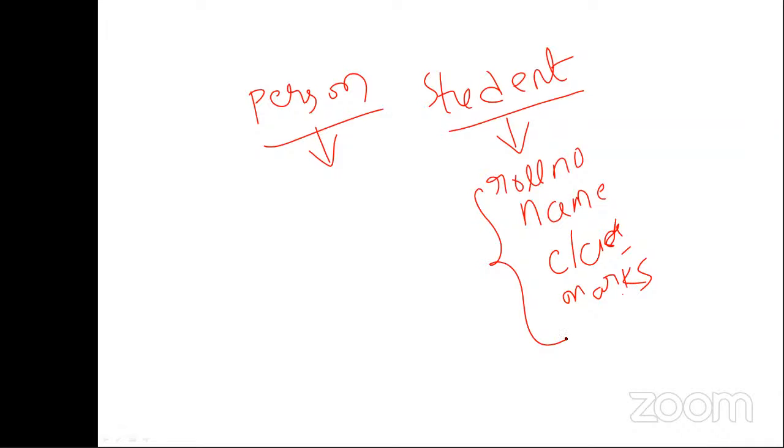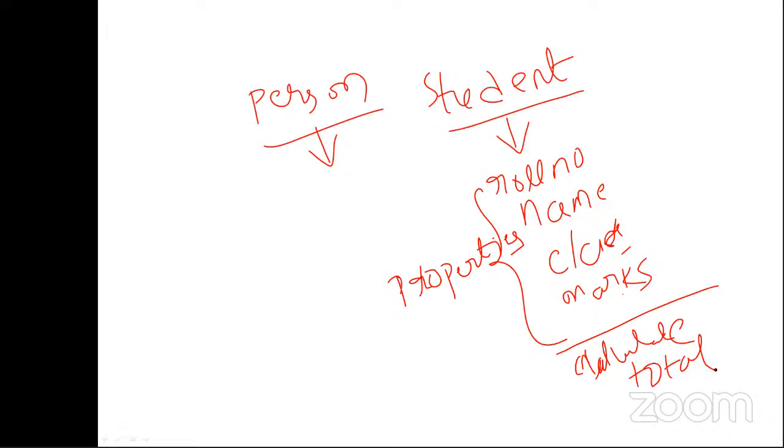Functionality is what you are going to perform with the help of this data. So I'm going to calculate total, average, and result. Just a minute.